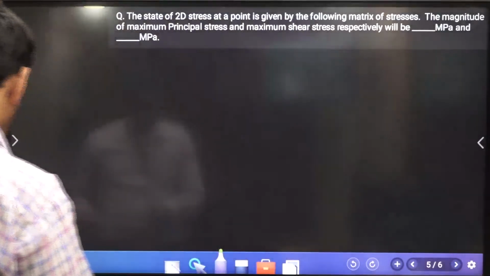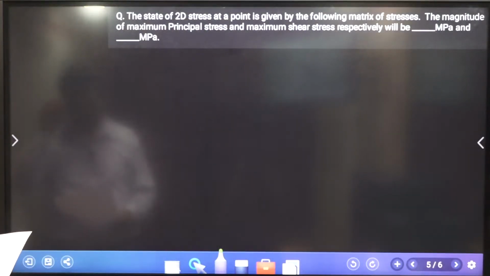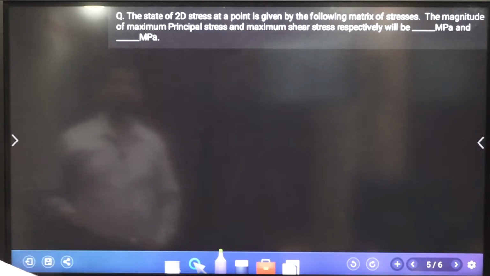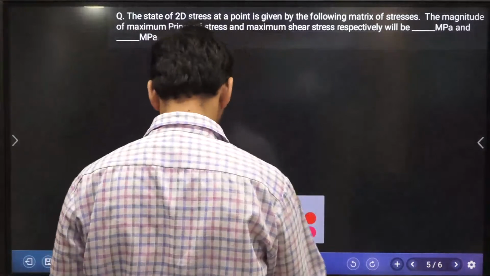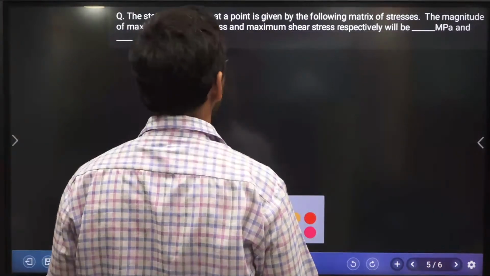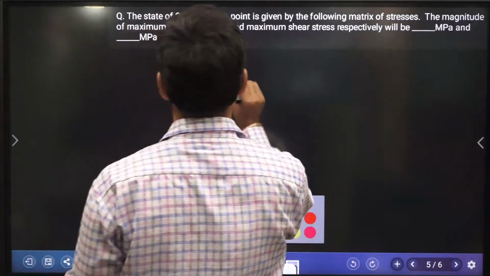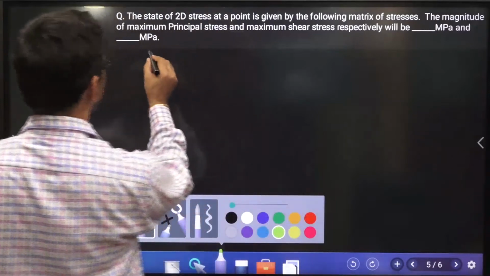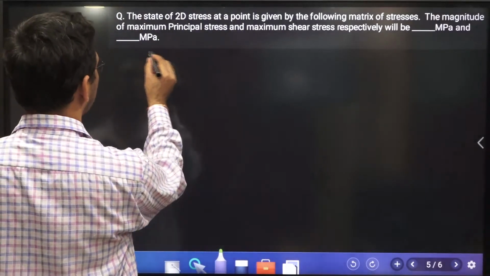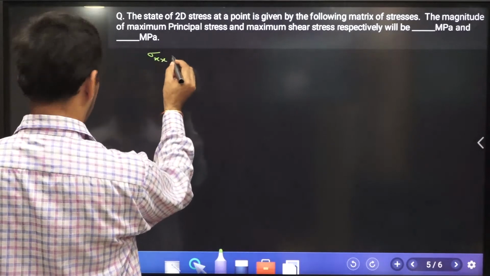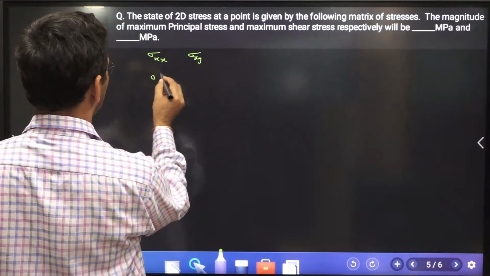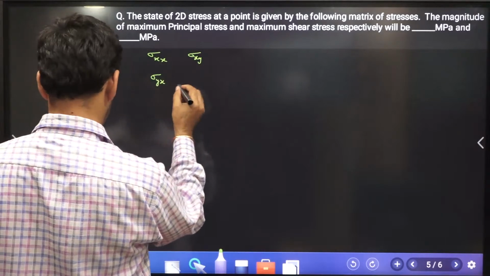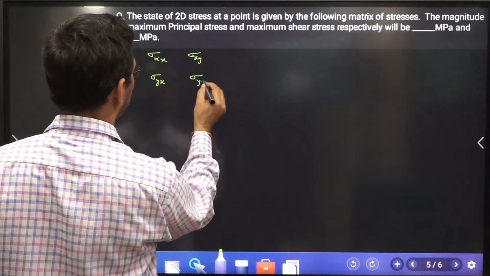Okay, so let's go to the next one now. Over here, he says the state of 2D stress is given to you. The state of stress given to you is sigma xx, sigma xy, sigma yx, and sigma yy.